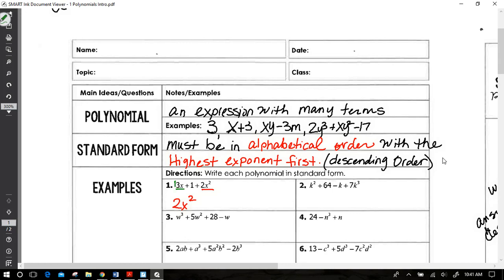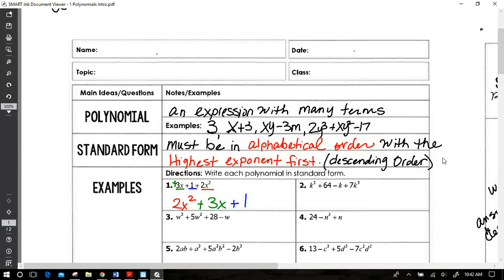Now that 3x is a positive, so be sure to bring that down. And then finally at the end, I have my constant. The constant is always going to go last because it is like x to the 0 power. Remember, x to the 0 power equals 1, and 1 times 1 is still 1. So that would be the least exponent that you could possibly have, is anything to the 0 power. All right, and so that is our work for number 1.